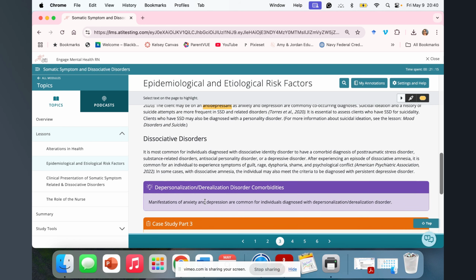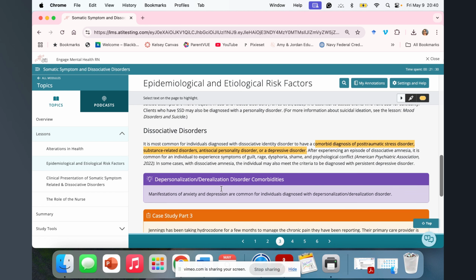When we talk about dissociative disorder, dissociative disorders have comorbidities of post-traumatic stress disorder, substance use disorders, antisocial personality, or depressive disorders. And after experiencing an episode of dissociative amnesia, patients can also experience guilt, rage, dysphoria, shame, and psychological conflict.